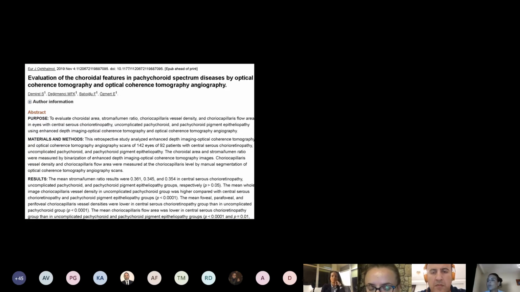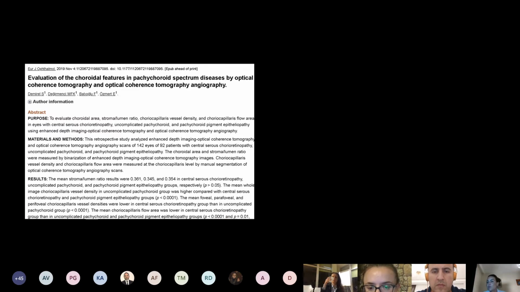According to this result, one may speculate that these might be different stages of the same disease turning into another. I'm talking about these 3 stages: uncomplicated pachychoroid, pachychoroid pigment epitheliopathy, and central serous chorioretinopathy.